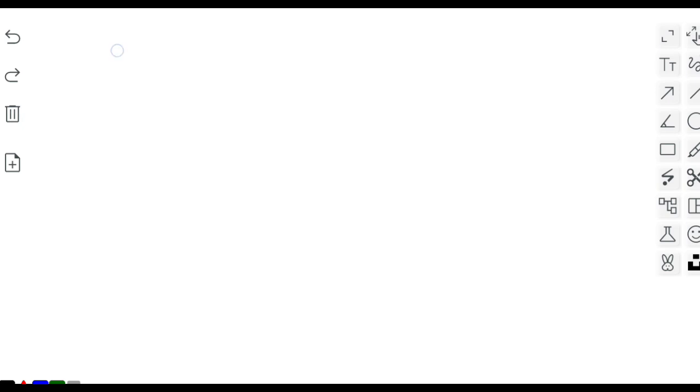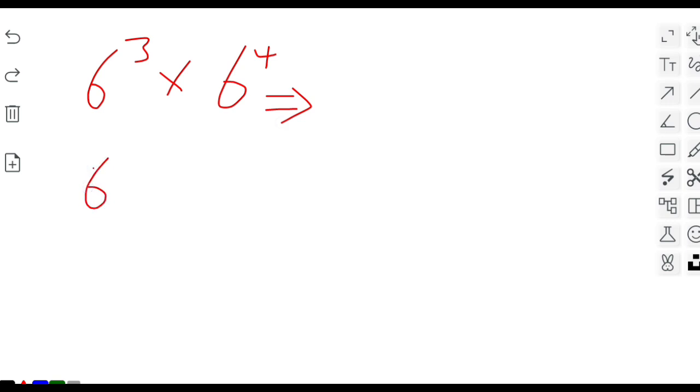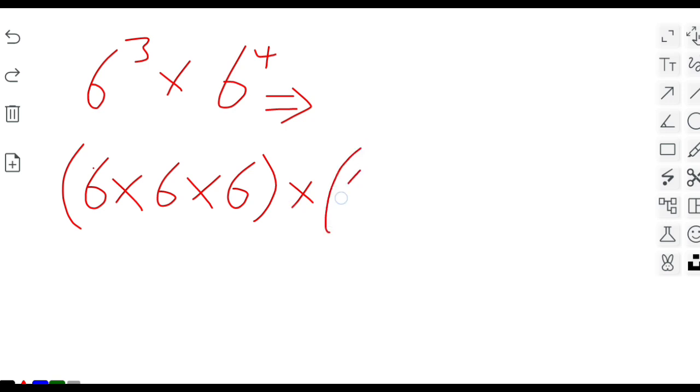If I have 6 raised to the power of 3 times 6 raised to the power of 4, this implies that 6 multiplied by itself 3 times, let's put this in brackets, times 6 again multiplied by itself 4 times.